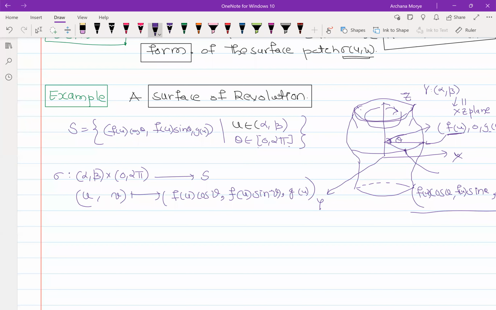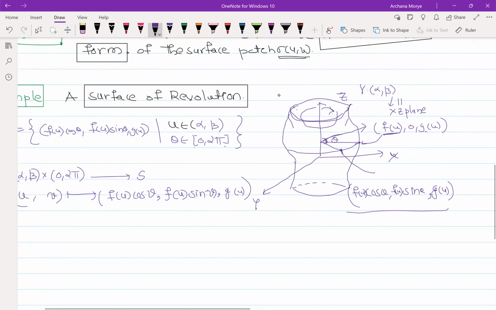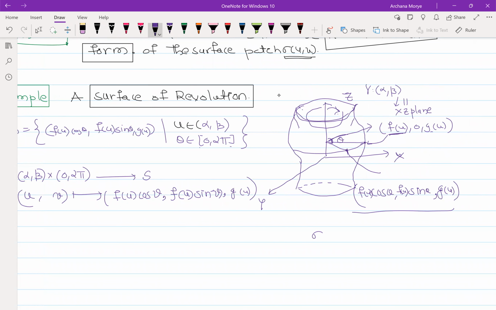For this surface of revolution, we need the surface to be a smooth surface. For a smooth surface, we need to check whether sigma u and sigma v are linearly independent, right? That condition we need to check because we don't know right now what f of u, g of u are.